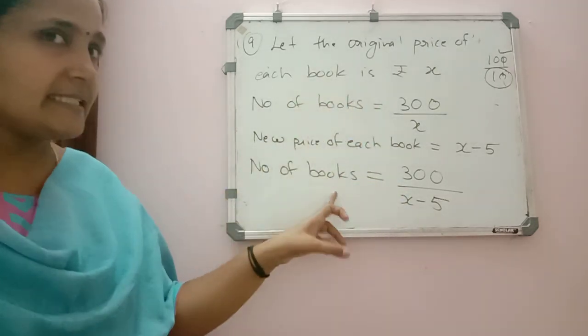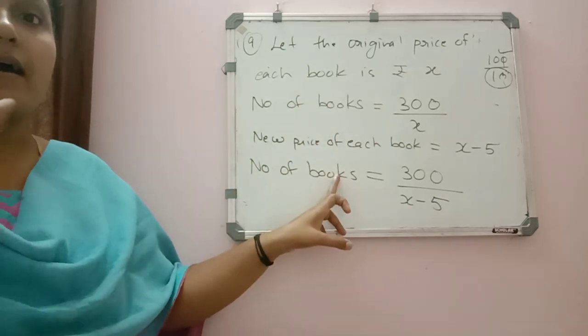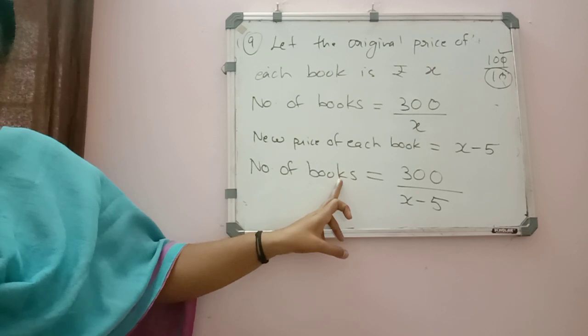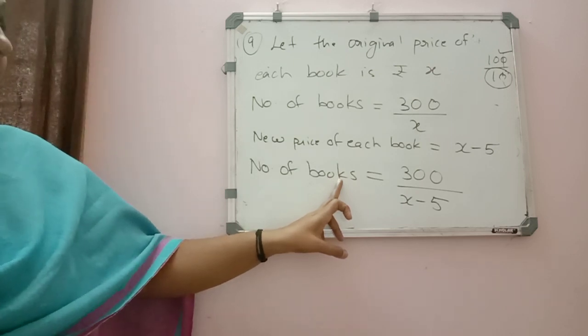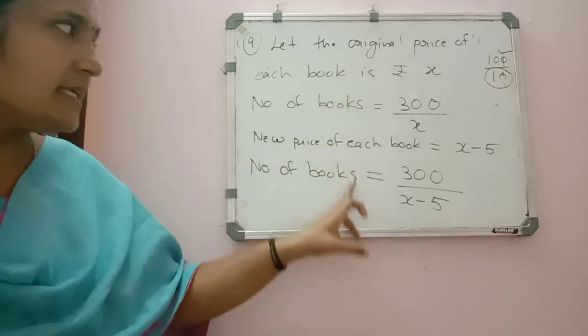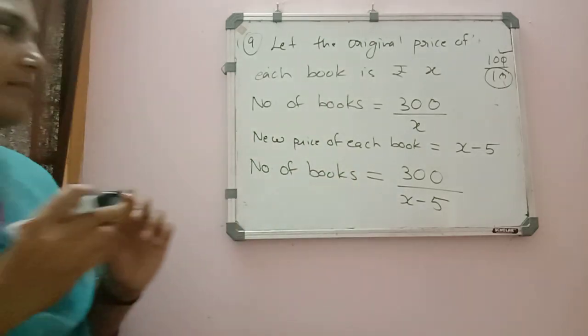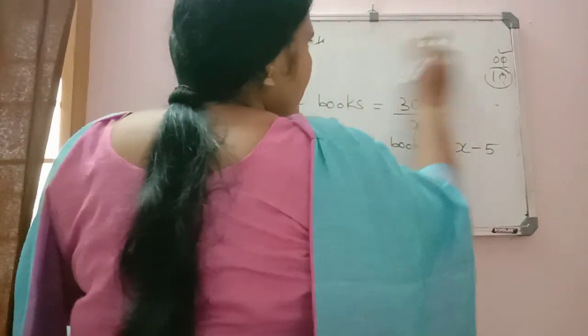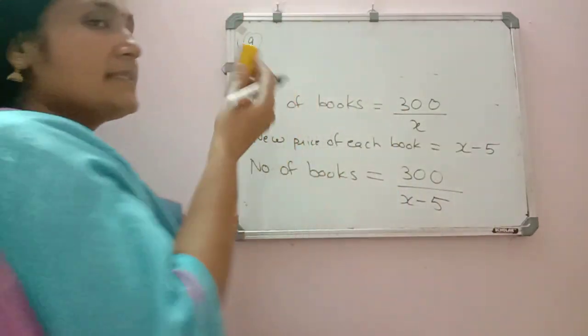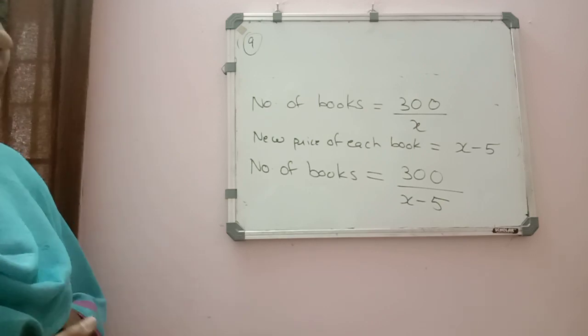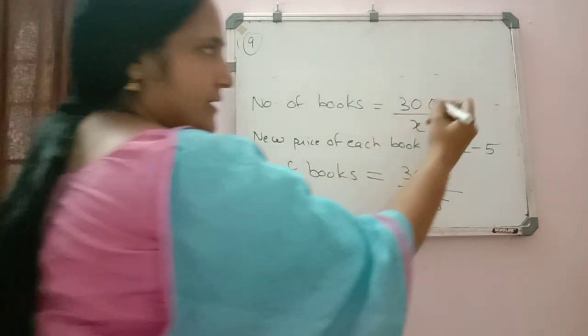What is the difference in these two numbers of books? 5. So the difference in these two numbers of books is 5. Now we have to check which one is smaller and which one is greater, then only we can write the subtraction. Numerator same.